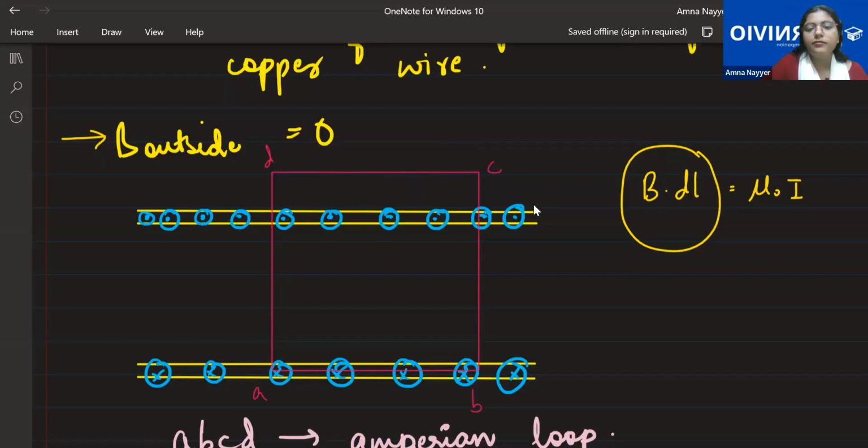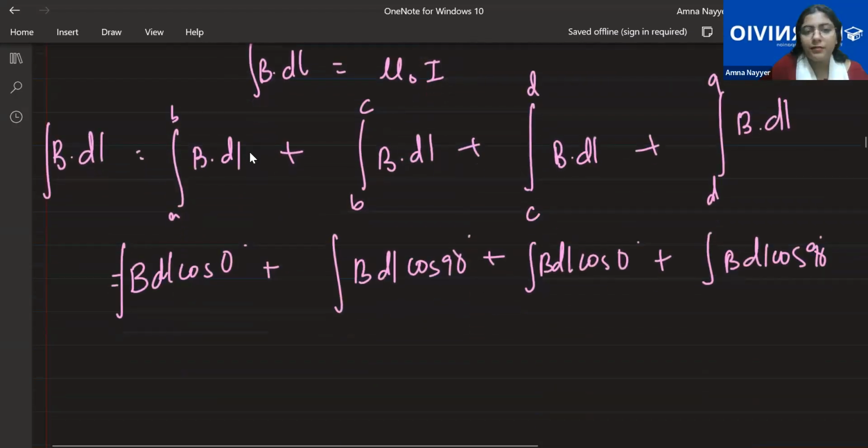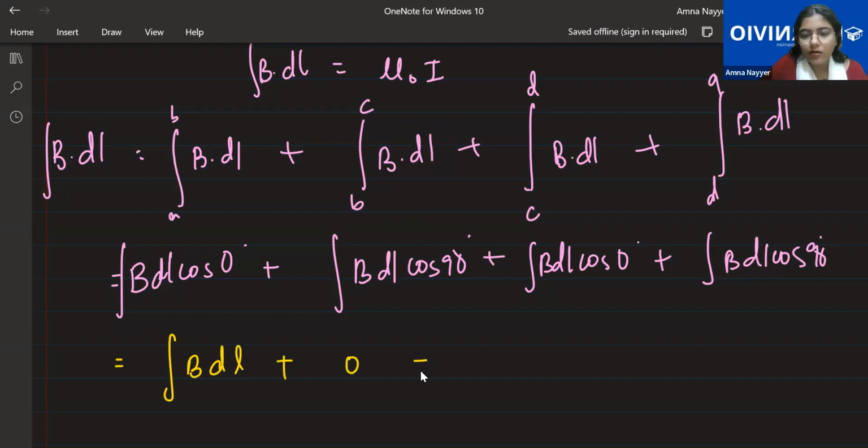So when we open up the brackets, B dl cos 0 degree for AB, B dl cos 90 degree for CB, B dl cos 0 degree for CD, and B dl cos 90 degree for AD. Now this will be simply B dl plus zero, since cos 90 is 0.